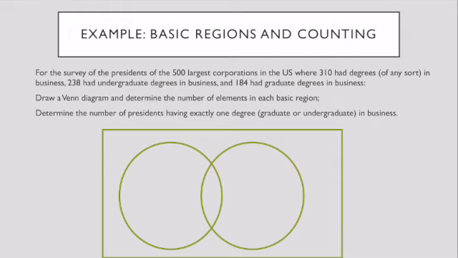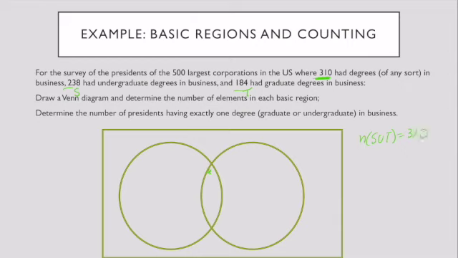So the size of the union equals the size of each of the individual parts minus the intersection, which is our center section right here. We did this problem in the last PowerPoint. So let's let this set be S and this set be T. I know that the union of S and T is 310.